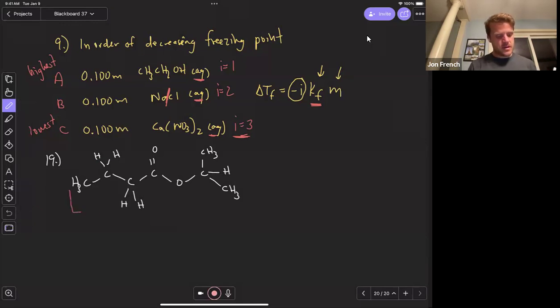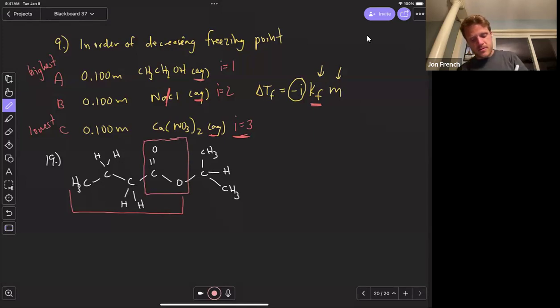They are named in the carboxylic acid half, and right here is my ester motif. So I'm looking for the part that contains that carbonyl oxygen, carbon oxygen single bond.